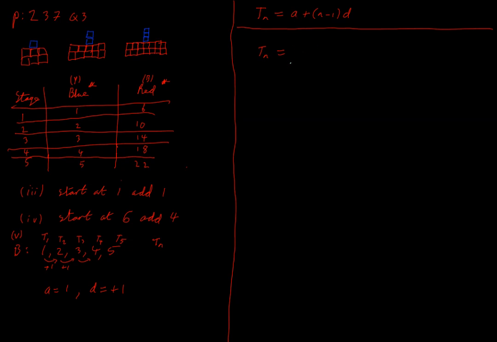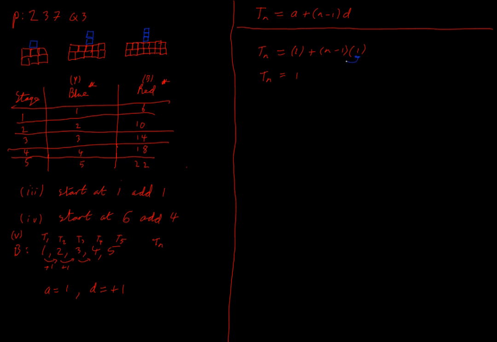Tn is going to be A, which we found to be 1, plus (n minus 1) in brackets, multiplied by, sorry, I've subbed in something, so I should put it in brackets. D is 1. So I have Tn is equal to 1 plus (n minus 1) times 1. I multiply out my brackets here, and I remember how to do that.